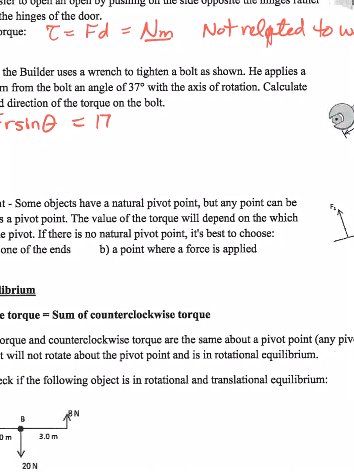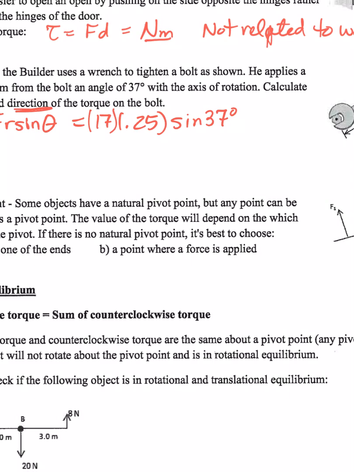So the force was 17. R is 0.25 because it's 25 centimeters. And then times the sine of 37 degrees. Now notice that it says the magnitude, but what else does it say? Direction.